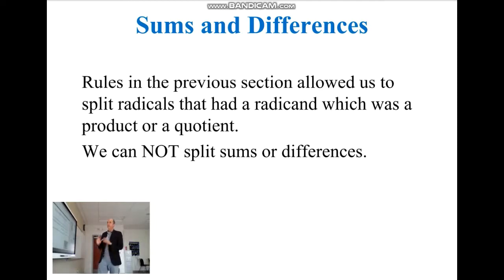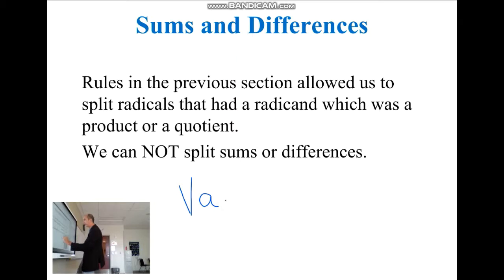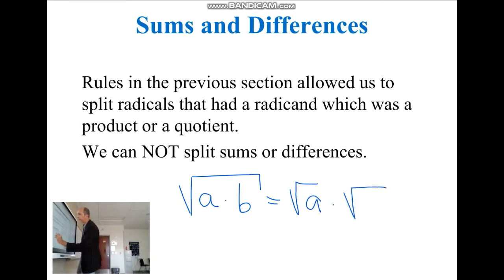The rules in the previous sections allowed us to split radicals that had radicands which were a product or a quotient. We cannot split sums or differences. If you remember, if this is a product, this is something you can do: square root of a times b equals square root of a times square root of b.